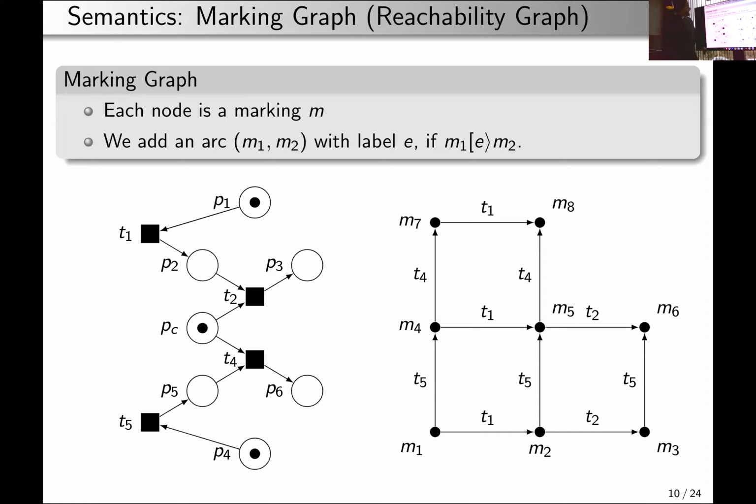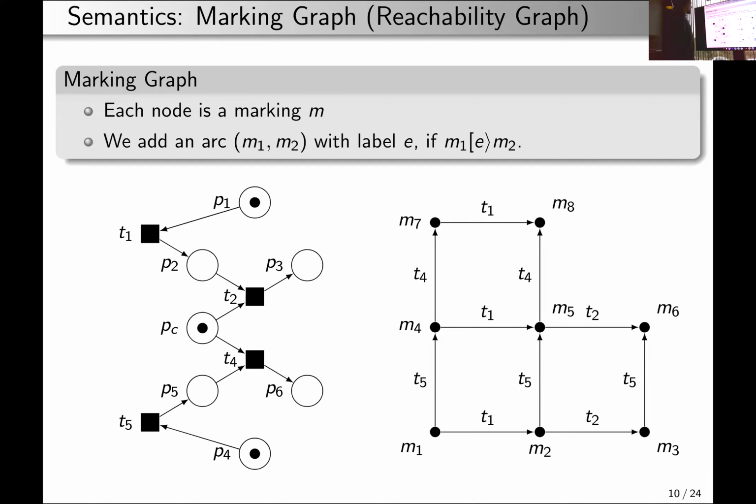Each such state is also called a marking, because it corresponds to the marking of places in the net. So here I could essentially write M1 equals P1, PC, P4, to express the fact that these are the properties that hold at this state.